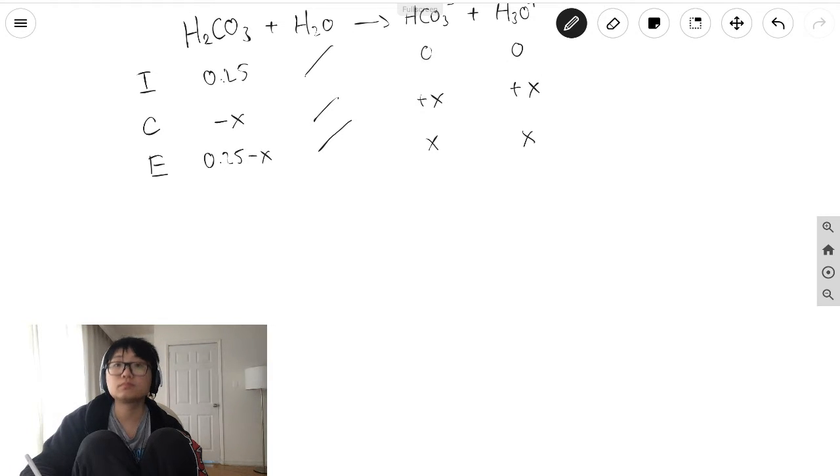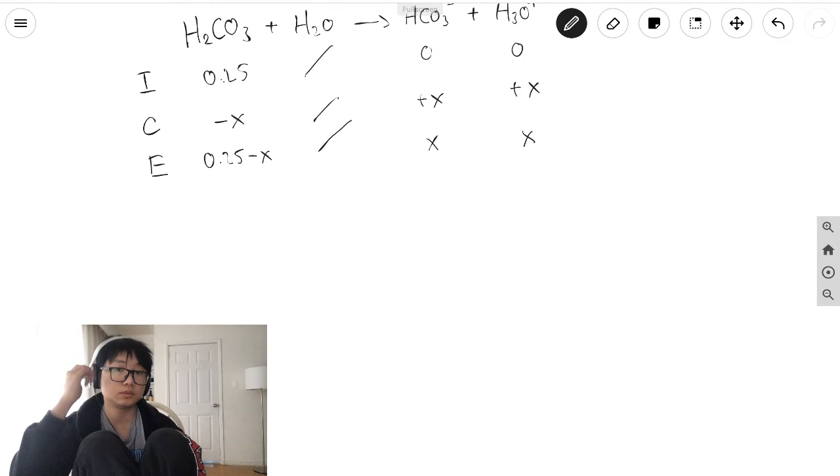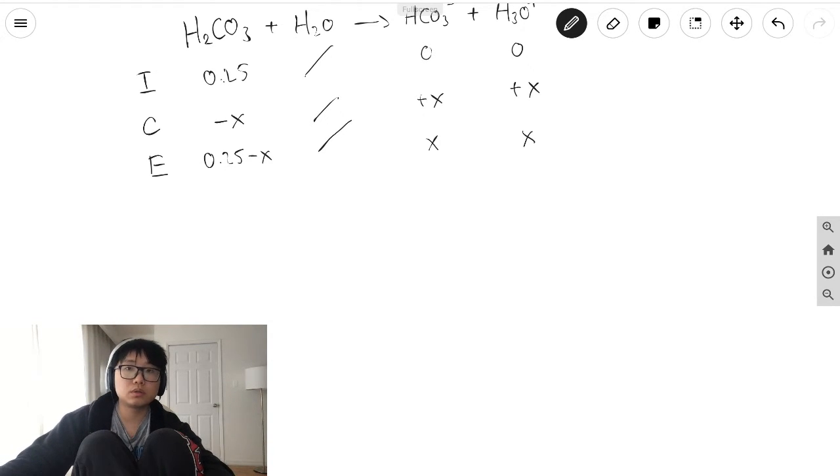So you're going to look for a chart somewhere. You're going to find yourself a Ka table. Do you have a go-to one, or are you just Googling nowadays? Oh, I think you are.